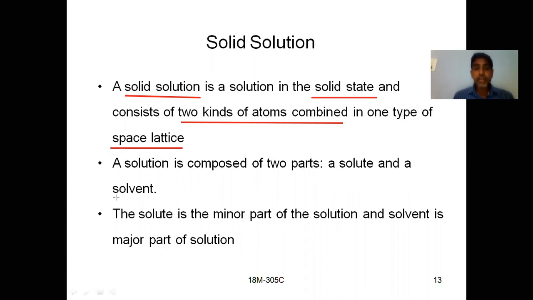The solute is the minor part, which is soluble in the solvent. So the solute is soluble in a solvent, and the solvent is the bigger amount, while the solute is the minor one.